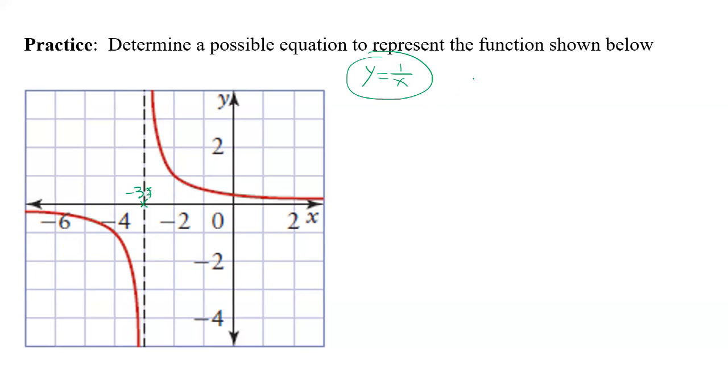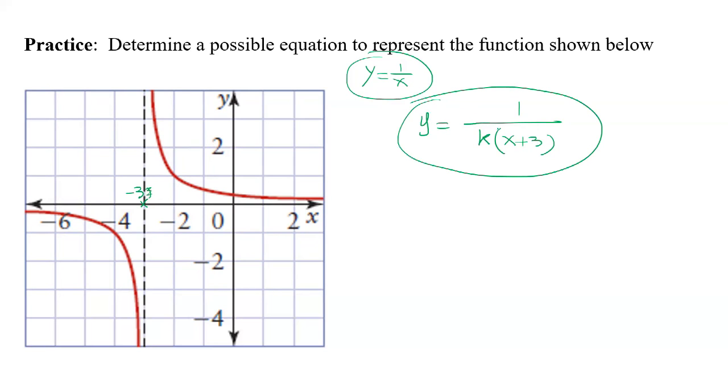First of all, this function can be expressed with x + 3, because we have moved the vertical asymptote to the left by 3 units. And probably it will also have a stretching factor, so let's put a k here.